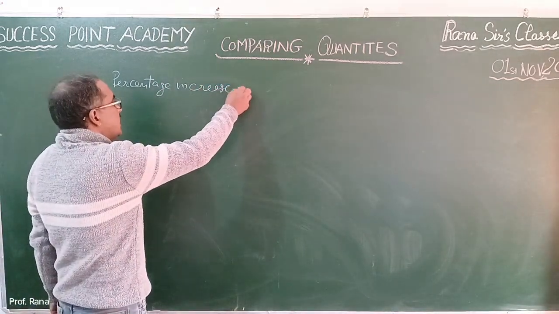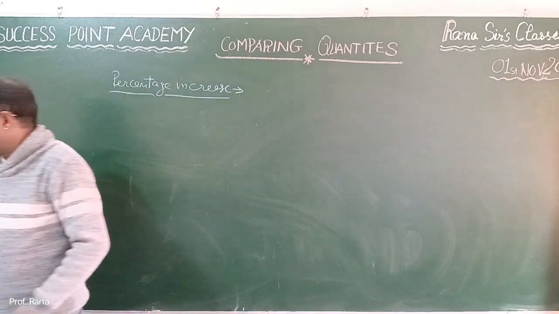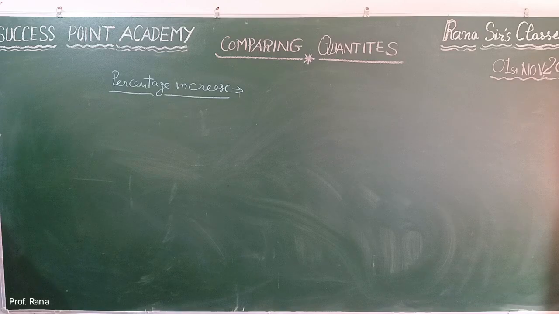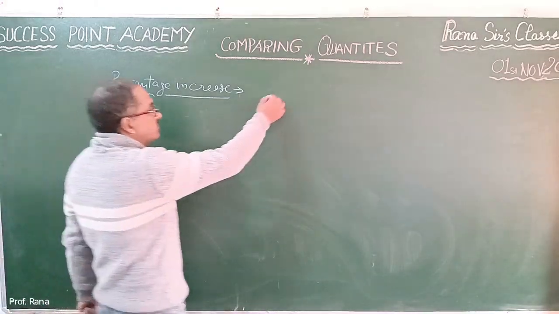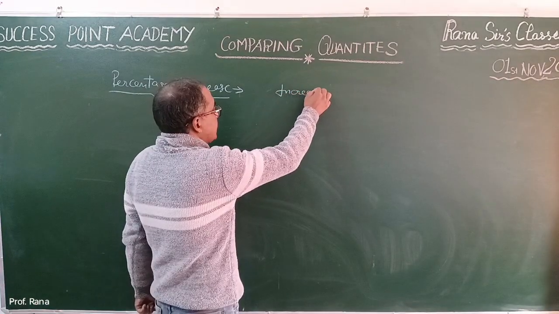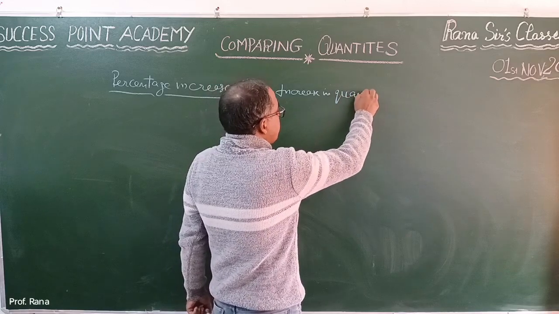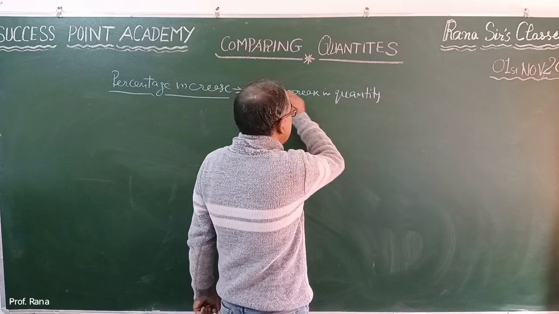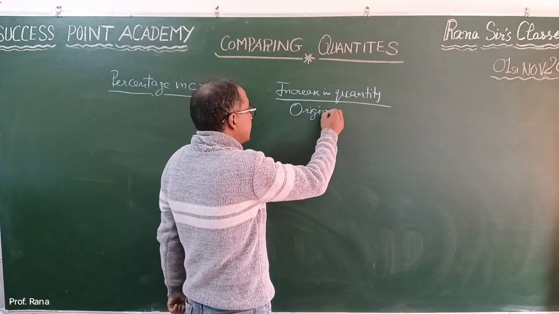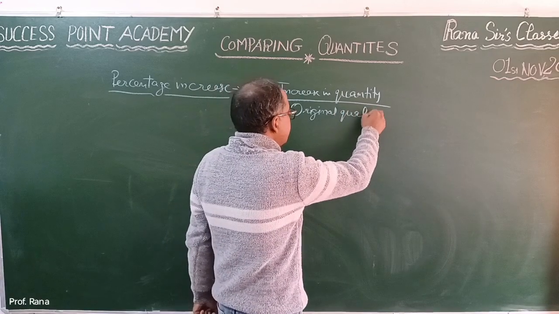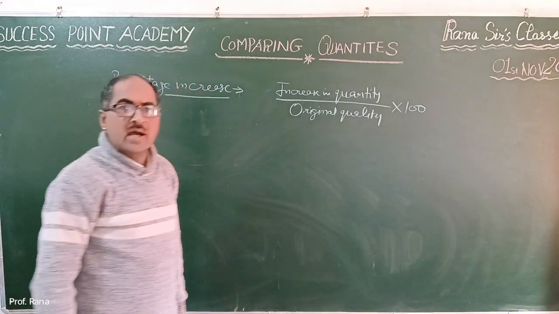Formula for increase in percentage: increase in quantity upon original quantity, and when you make it in the form of percentage, then you have to multiply it with 100.